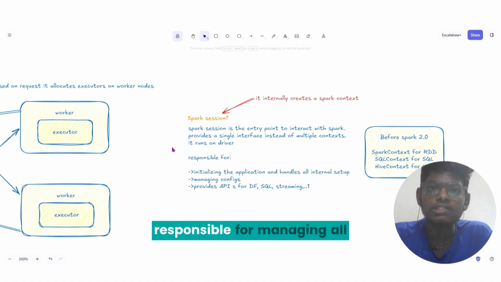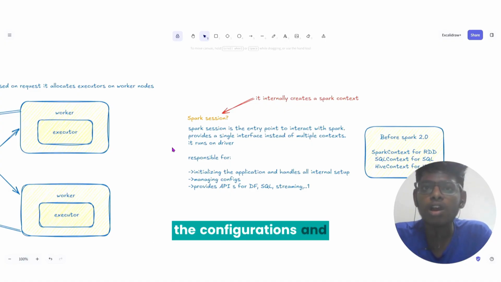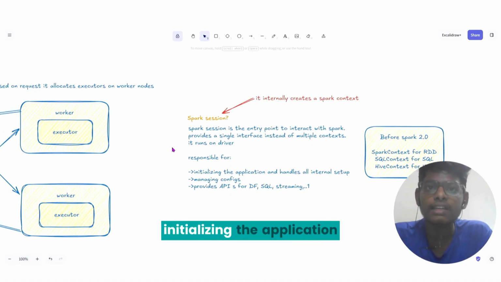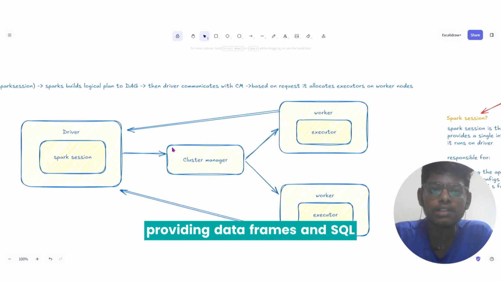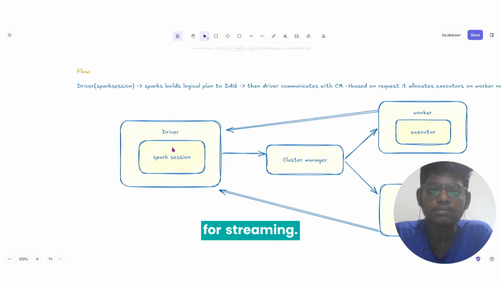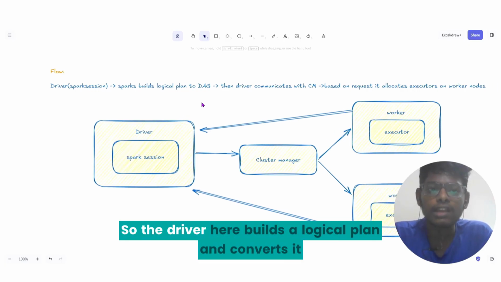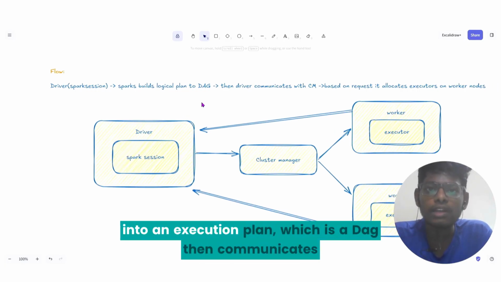It is responsible for managing all the configurations, initializing the application, handling all the setup, and providing DataFrames and SQL for streaming. The driver builds a logical plan and converts it into an execution plan, which is a DAG.